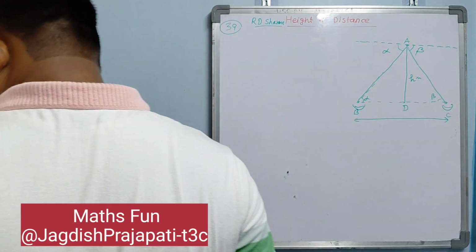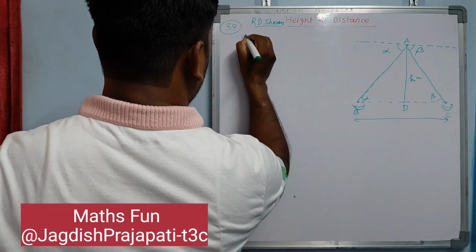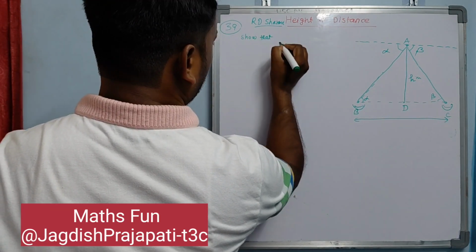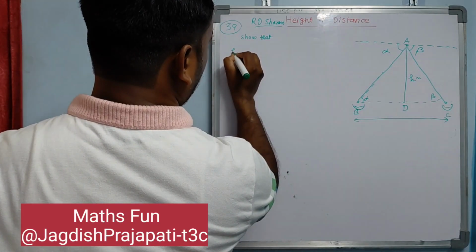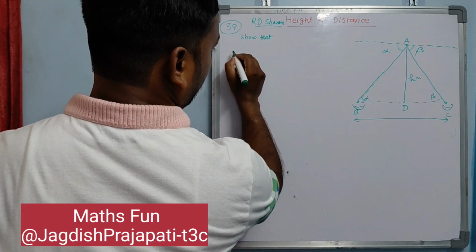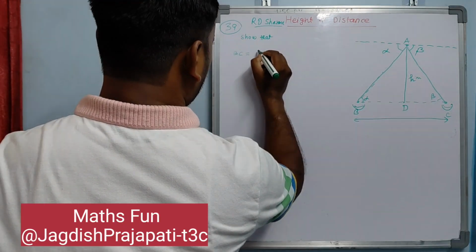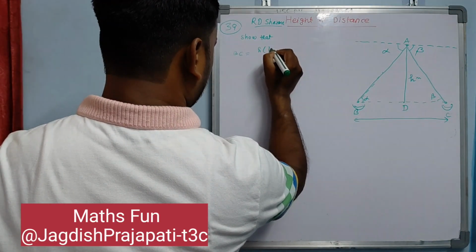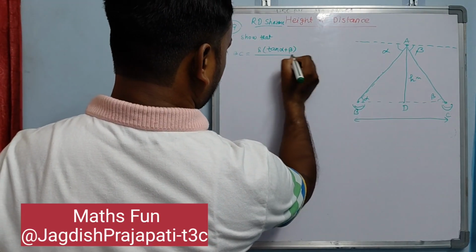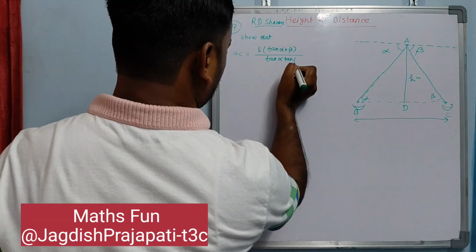Then we have to show that BC equal to h into tan alpha plus tan beta upon tan alpha into tan beta.